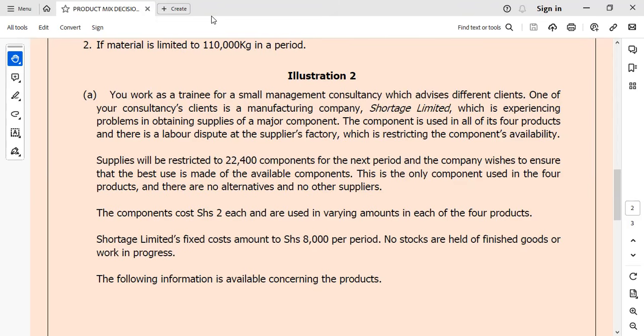The following information is available concerning the products, as we are going to see.